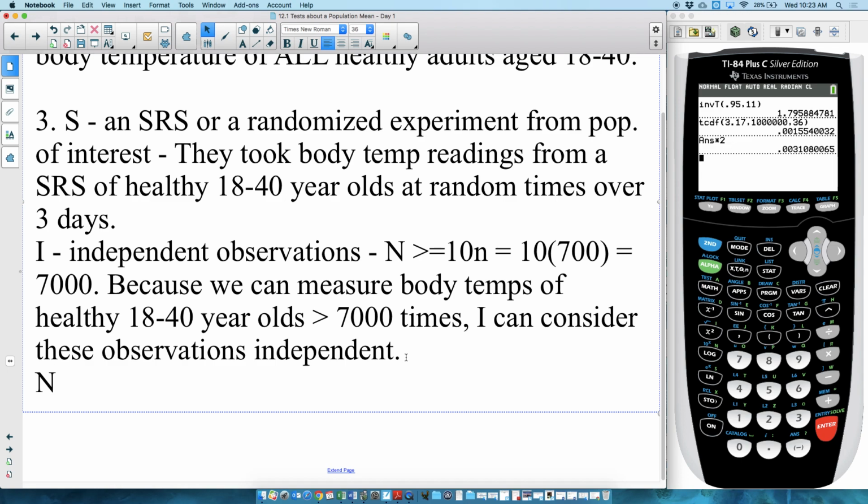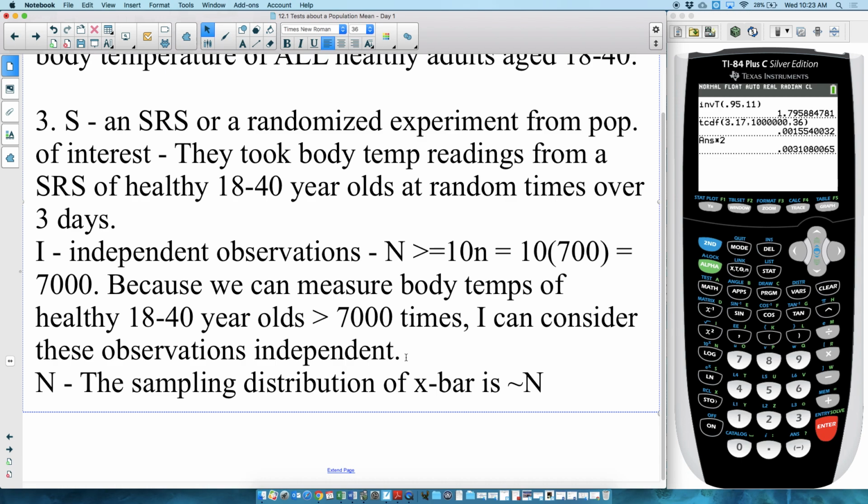As long as you say sampling and not just samp, because then I don't know whether you mean sample or sampling. But dist, I think, is fine. So the sampling distribution of X bar is approximately normal.